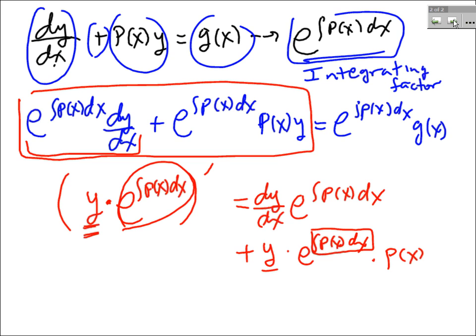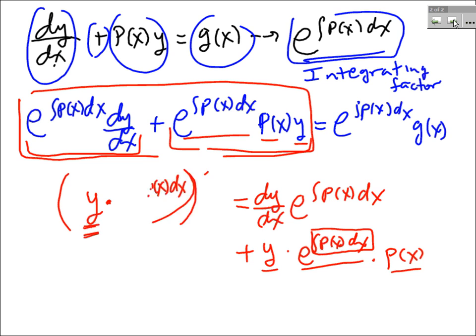Well, y is y, p of x is p of x, times this e function. That's the second term. That is, the left-hand side really is a derivative. Let me write it down neatly again. So we're going to derive the formula, and then we'll always use that formula.